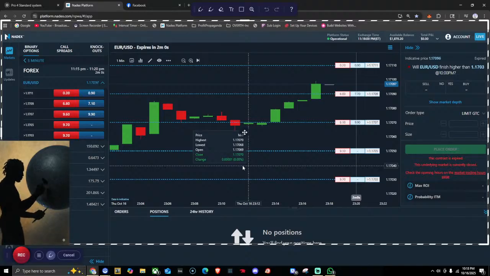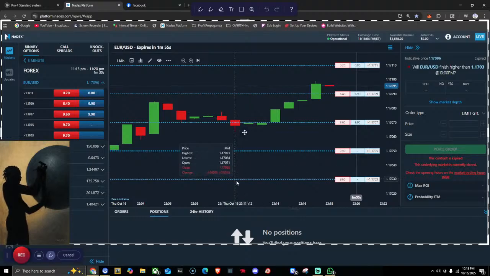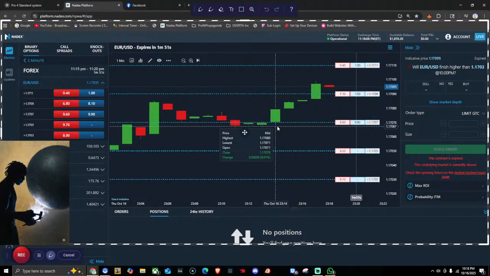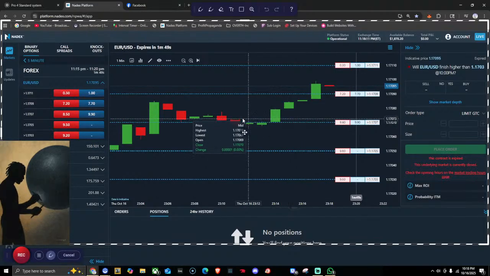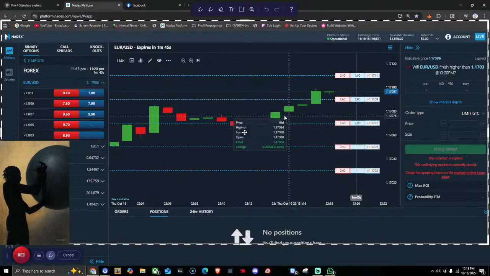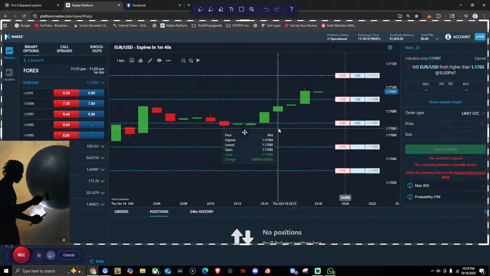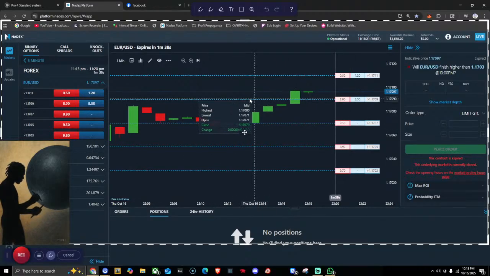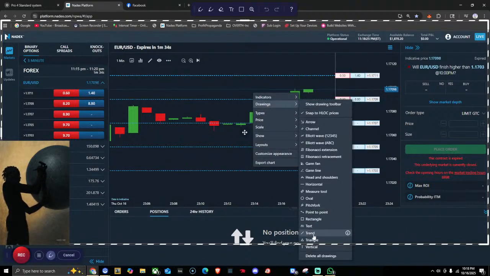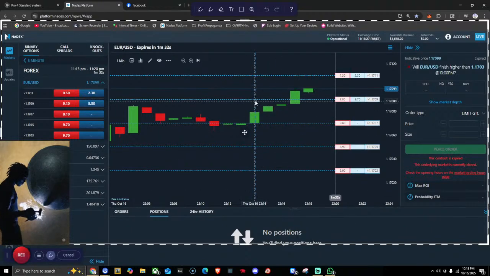So I'm going to show you just one of the demonstrations for today. And then we're going to study what the market's doing, and we're going to identify what we see. What I normally like to do to start out is set my lines, like this.